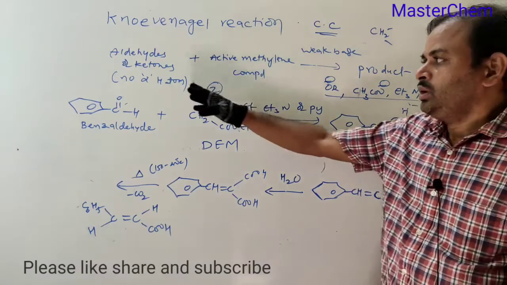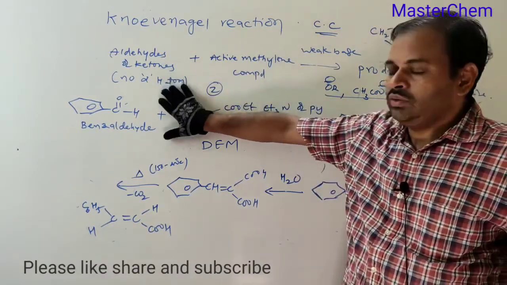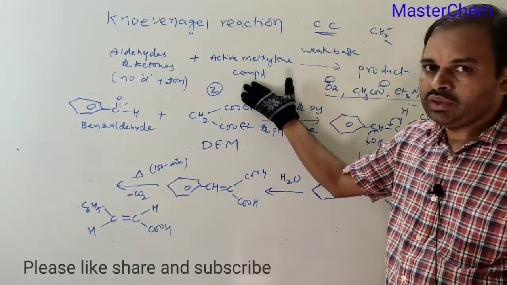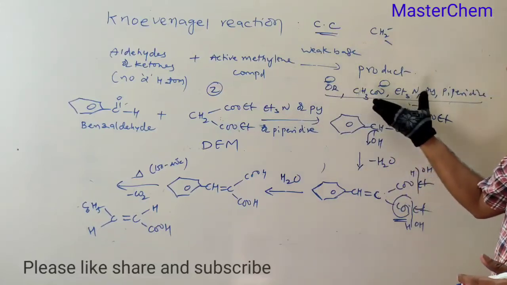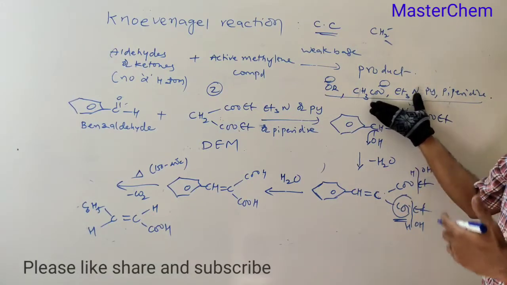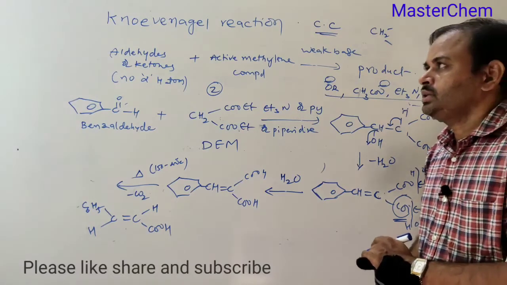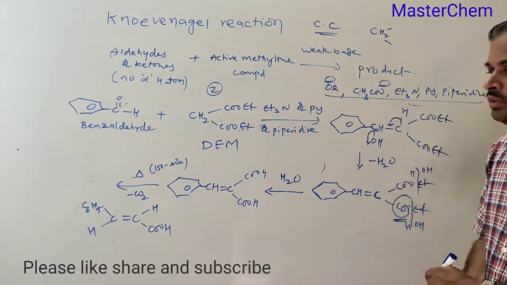So there are three components: aldehyde or ketone with no alpha hydrogen, the active methylene compound, and the weak bases used in the Knoevenagel reaction. Okay, this is the end of the Knoevenagel reaction. Thank you.